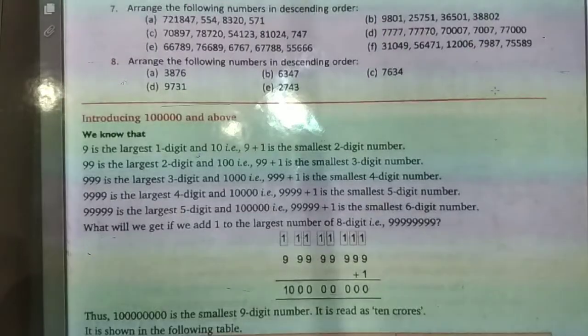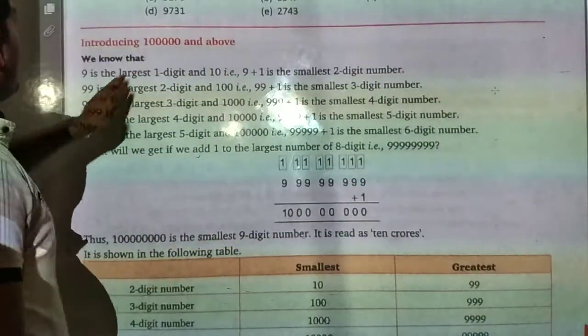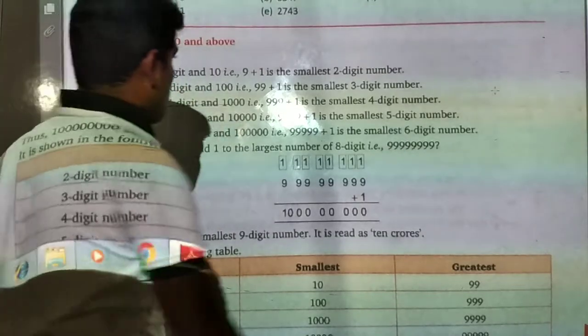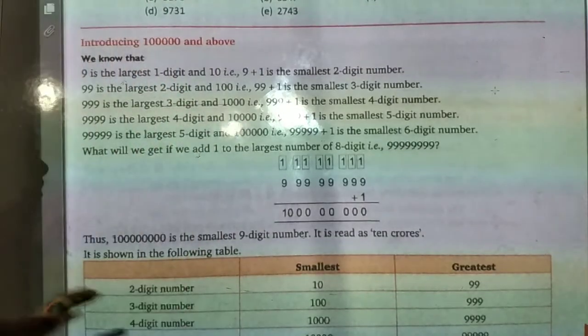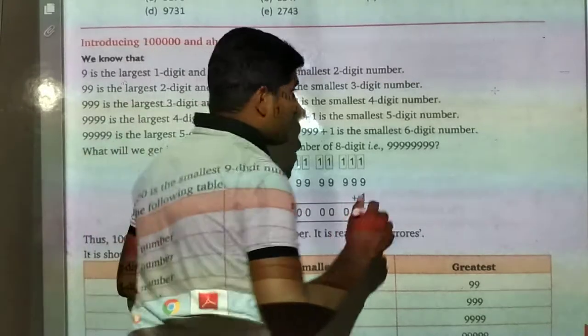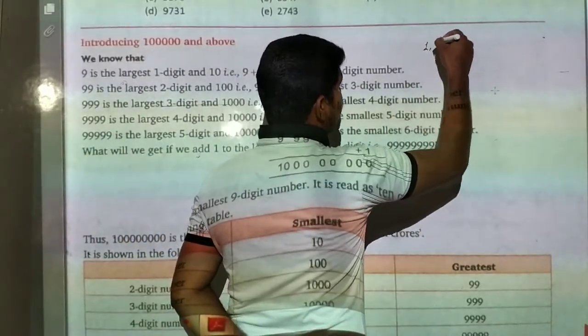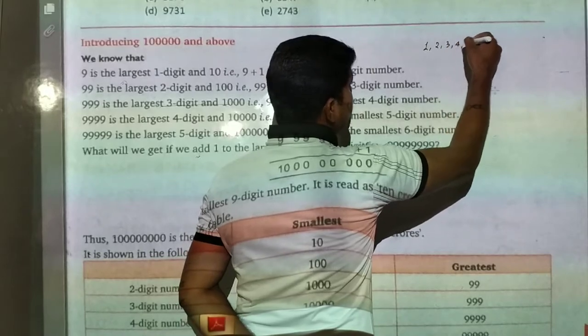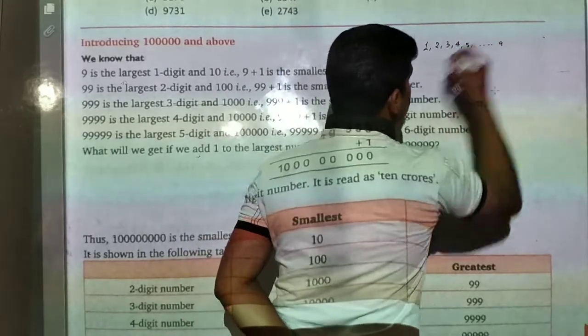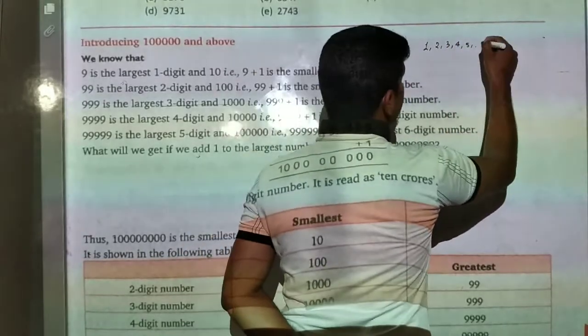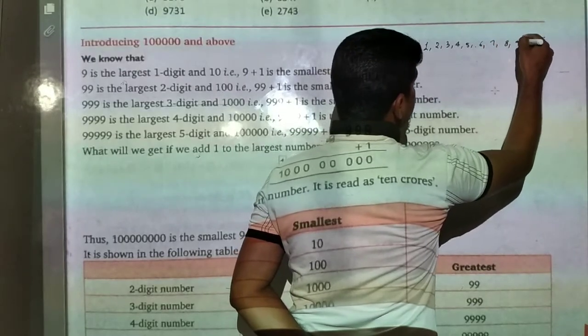Today we will discuss introducing 1 lakh and above. We know that numbers start from 1, 2, 3, 4, 5 and so on up to 9.